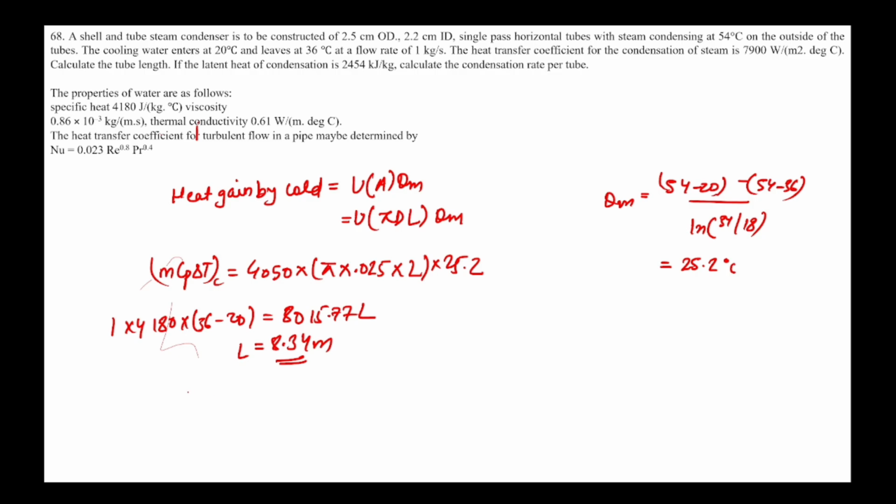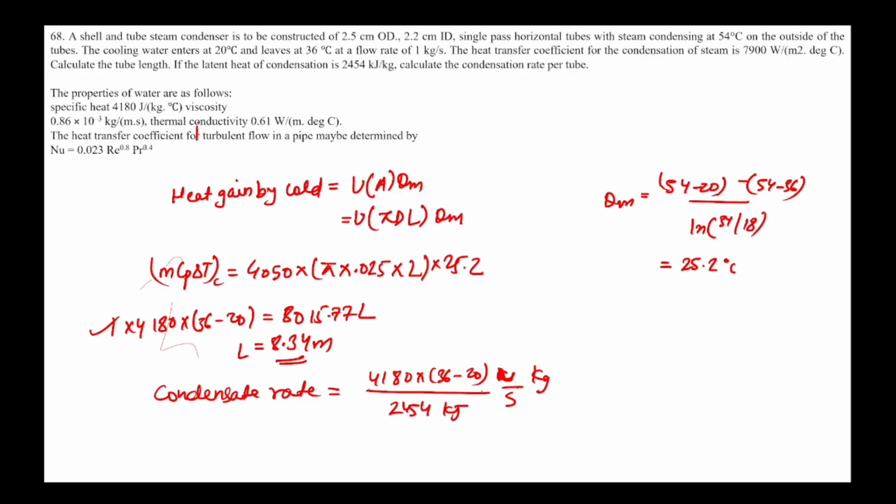So this is the length, and the condensate rate will be very simple. This is the heat gained by the cold fluid, 4180 into 36 minus 20, in joule per second, divided by 2454 kilojoule per kg.